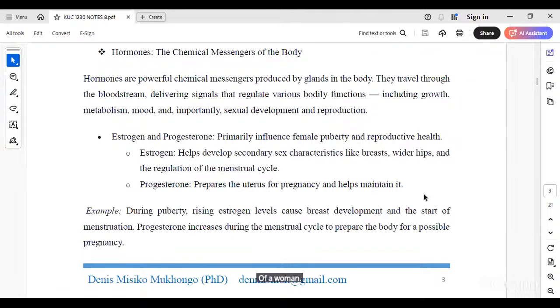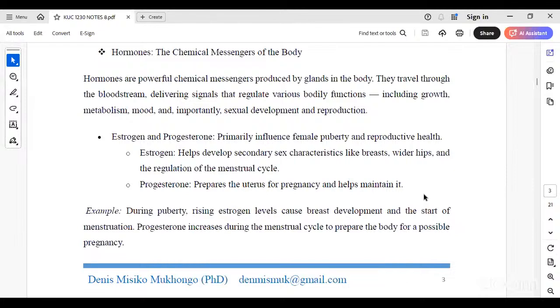Okay. So the levels of progesterone will increase just before menstruation, because that is when your body prepares itself for possible implantation. Progesterone will begin just before so that it prepares your uterus. It makes your uterus have a lot of blood supplied there in preparation.